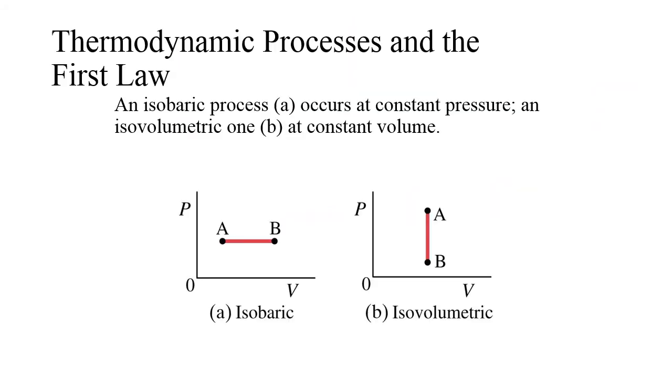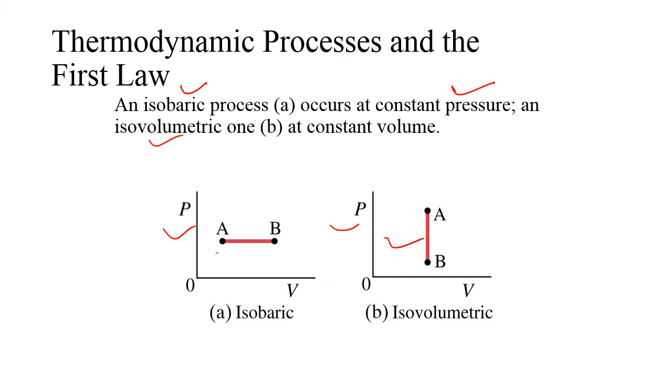Now we are moving to the next point, and the point is the isobaric and isochoric process. What is isobaric? Isobaric means our pressure is constant, and isochoric means the volume is constant. So there are two graphs: one is pressure constant, another is volume constant.